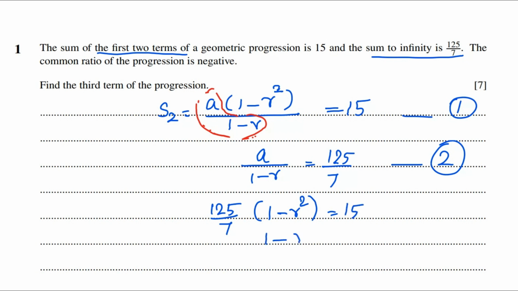So what is 1 minus R square? 15 multiplied by 7 divided by 125. Let's simplify this one. If you cancel by 5, we get this is 3 and 125 is 25. So 21 divided by 25.